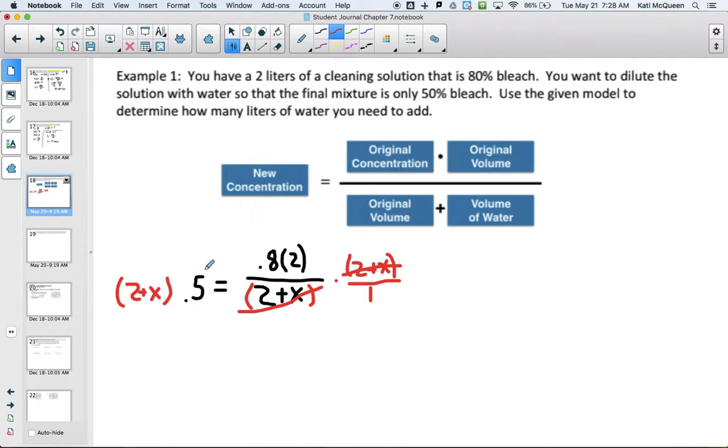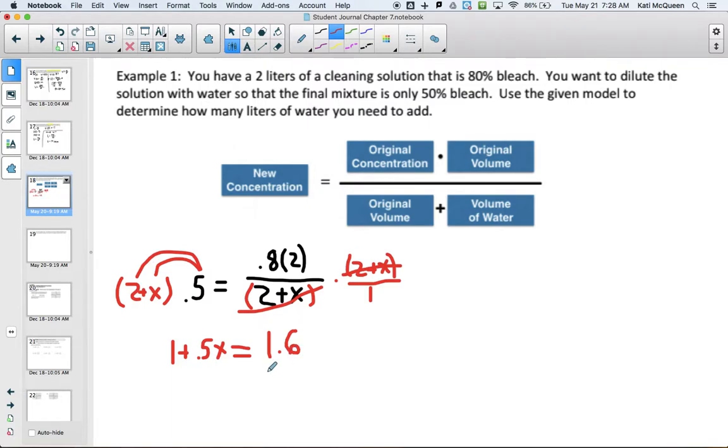Then this side is distributing that 0.5. So 0.5 times 2 is just 1, plus 0.5 times x is 0.5x, equals, over here, everything canceled out except for 0.8 times 2. 0.8 times 2 is 1.6.